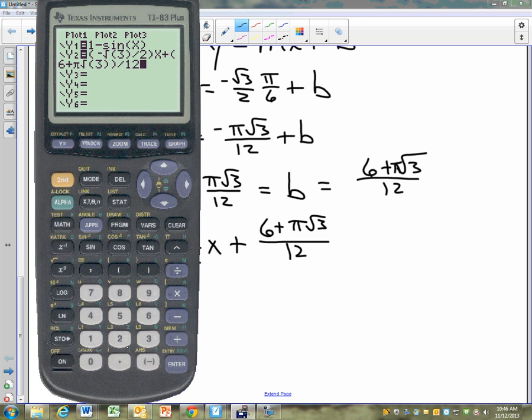Okay, here you go. I'm going to graph it. We're going to see if it's tangent. There's my graph of 1 minus sine of x. And there's my tangent line. Is it cool?